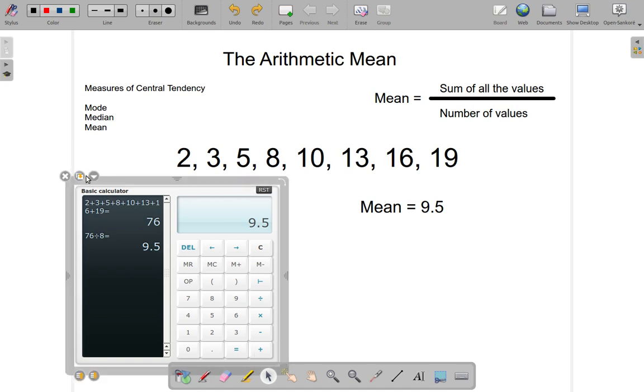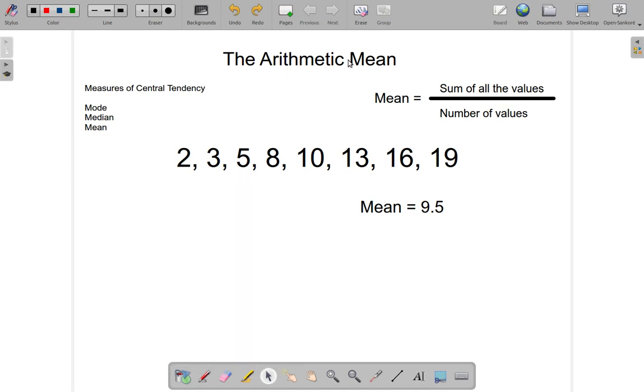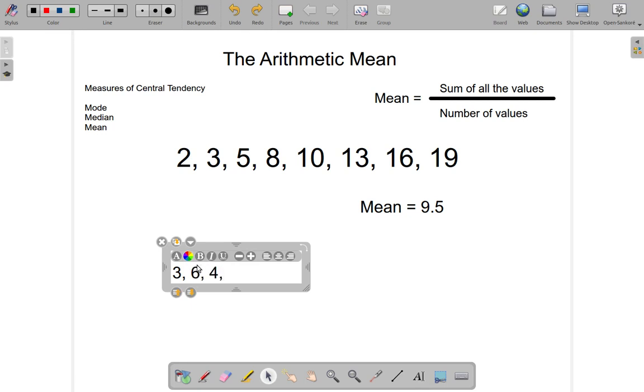Now, another thing I want to mention before we do anything else. You notice the name of this is the arithmetic mean. Now, this is a formula for the arithmetic mean. Alright? If you have, say, 5 numbers here, you have 3, you have 6, you have 4, you have 1, you have 5.